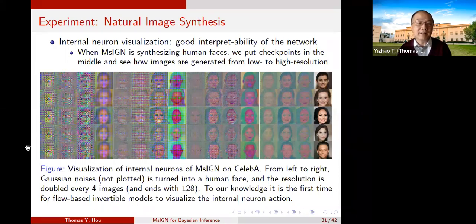Of course, the earliest one is just random noise and you don't see anything. But as you go through, you can gradually see some features of the human face emerge. As you go to the final resolution, you pick up more and more detail, and the final one is the output layer that generates a very realistic human face. To the best of our knowledge, this is the first time a flow-based invertible model can visualize internal neural network action, where you can see something that seems to be meaningful.